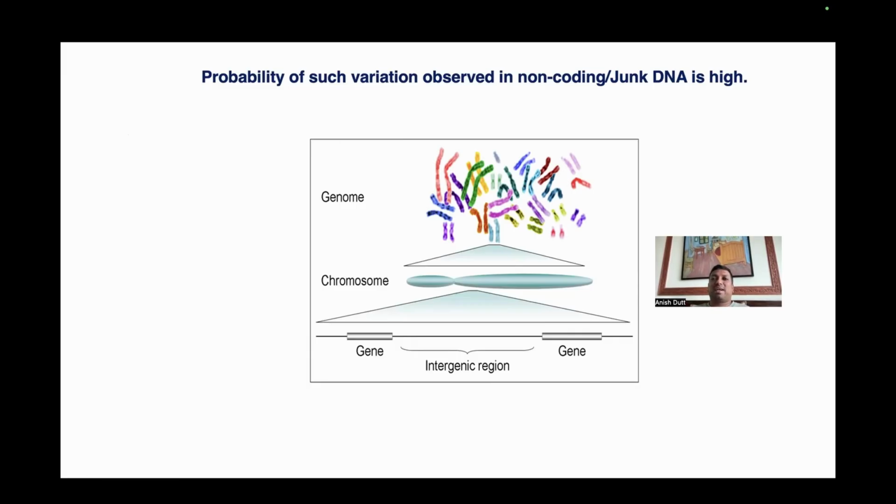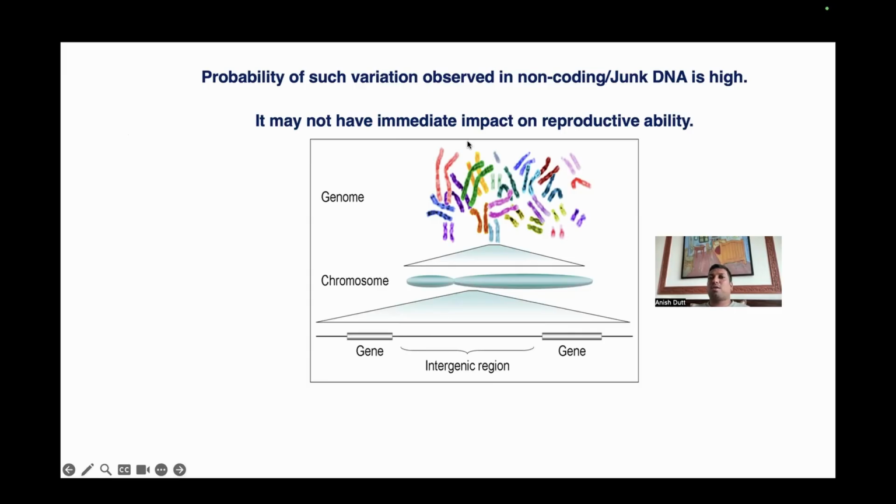So any mutation that is caused in the gene has lesser chances to get carried forward to the next generation as compared to the mutations that have taken place in the junk region. So therefore the statement says that the probability of such a variation being observed in non-coding or junk region is high, because variations or mutations that have occurred in the junk region may not have a direct or an immediate impact or affect the reproductive ability of an individual.